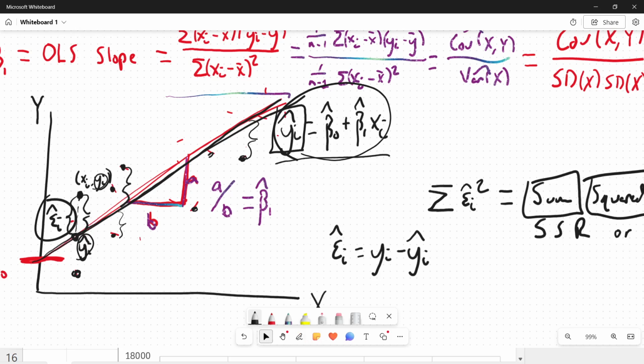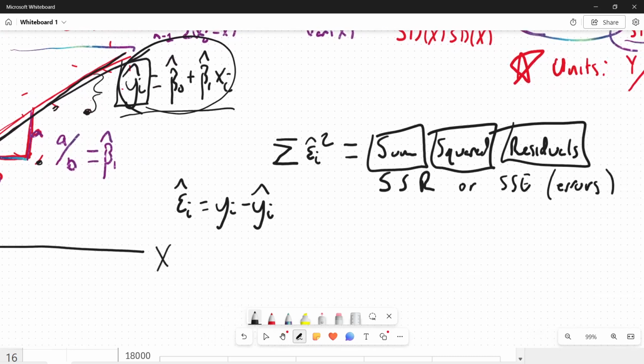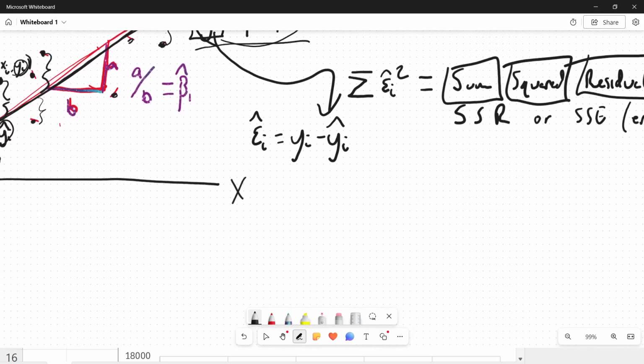So I'll go ahead and plug that in where it needs to go, which is here. So it sounds like epsilon i, which will get a hat, is yi minus beta 0 hat minus beta 1 hat xi.